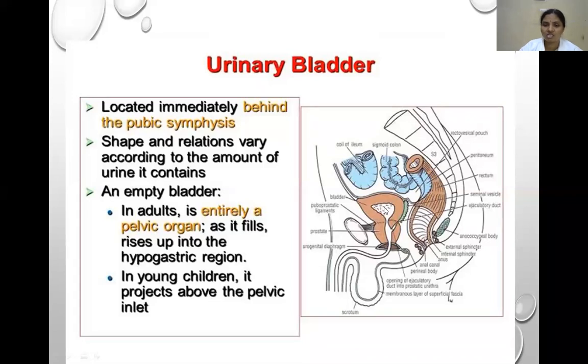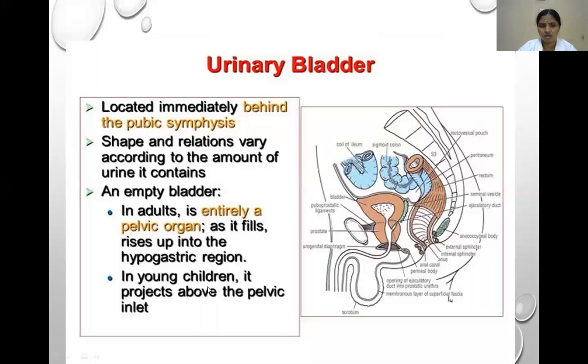If it is distended, the relations and coverings are also different. In an empty, contracted bladder, what is the shape? It is tetrahedral in shape, whereas in distension it becomes ovoid or spherical.